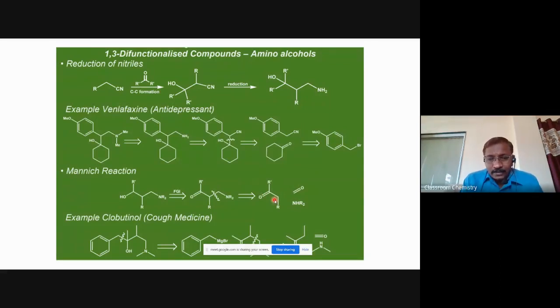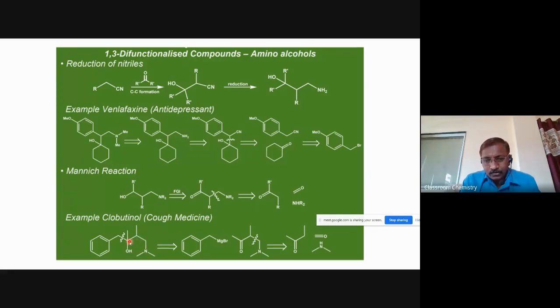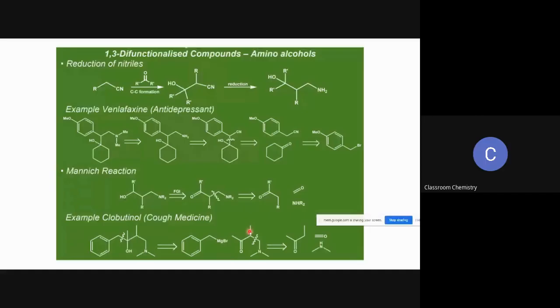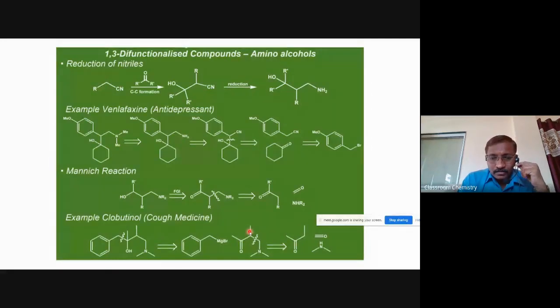Now, when we see the clobutanol, this is also one example for the disconnection. In that case also there are 1, 2 and 3 positions.